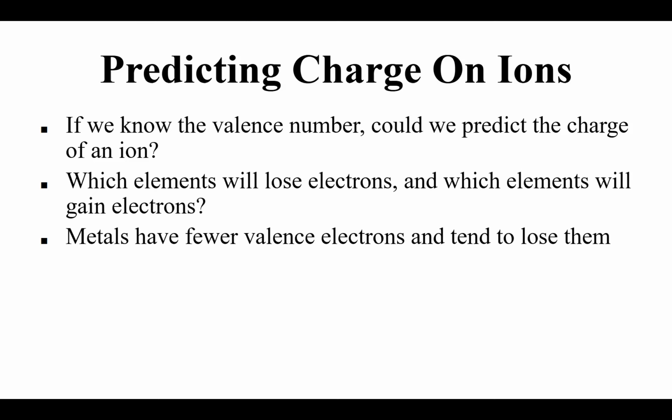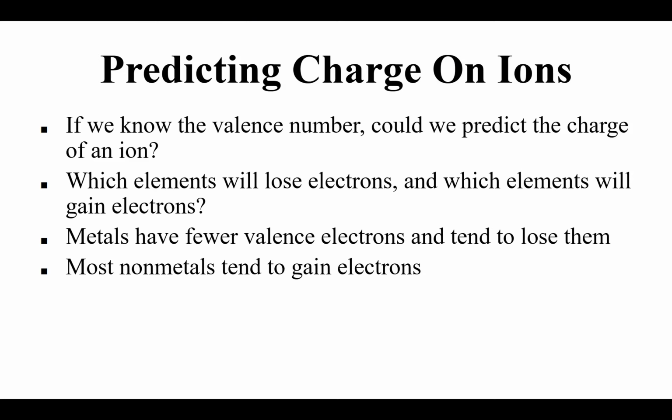They say, you want me to work to gain 5 more so that I can be stable, or you want me to give the 3 up that I have? I'll give the 3 up that I have. That's easy to do. So metals, since they have fewer valence electrons, they'll give them up. It's too much work to gather more electrons.